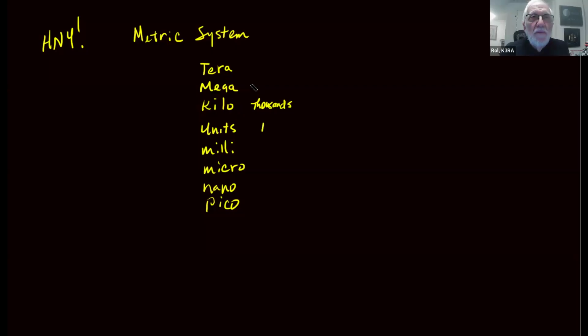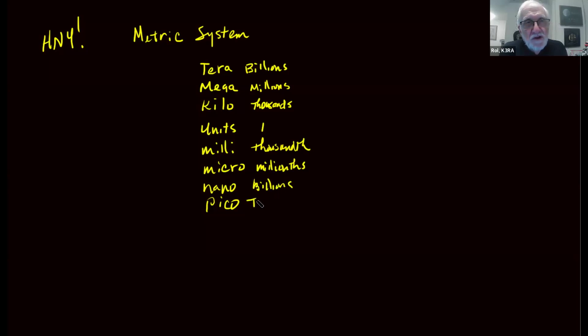And mega is millions, and tera is billions, and milli is thousandths, micro is millionths, nano is billionths, and pico is trillionths.